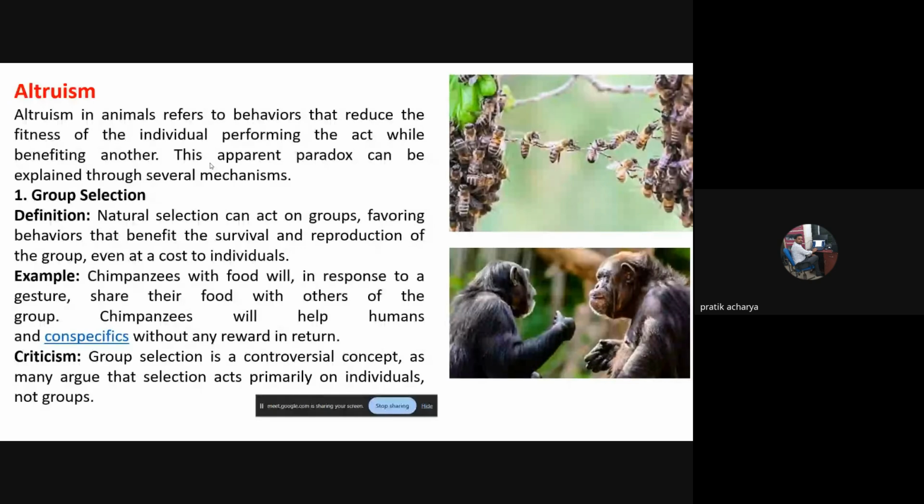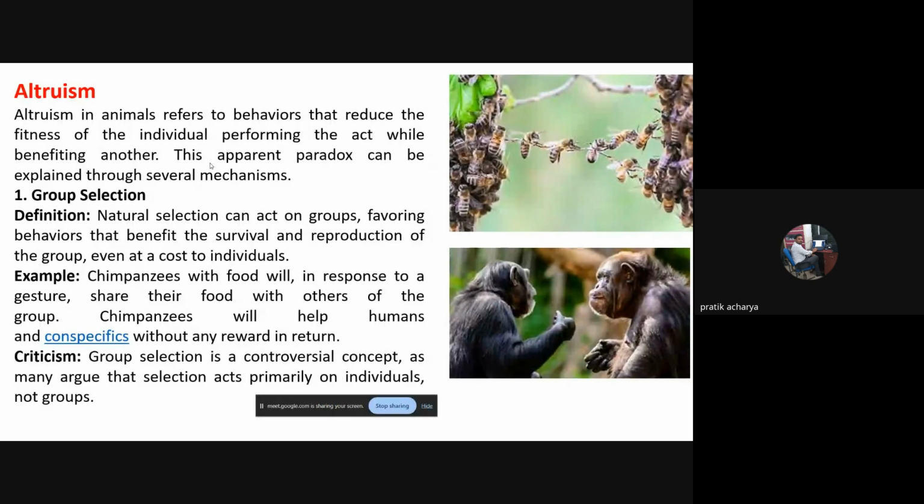It means if I am here to help you, that means I am harming myself. That means I am reducing my fitness for the sake of yours. That is the main aim of altruism. Okay, so for altruism, we have to understand different mechanisms of this altruism.